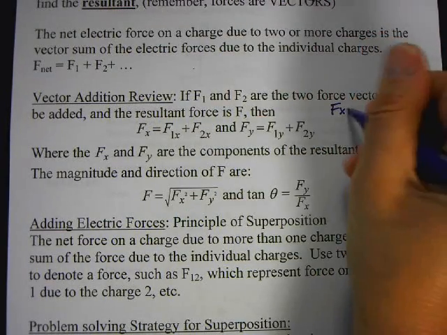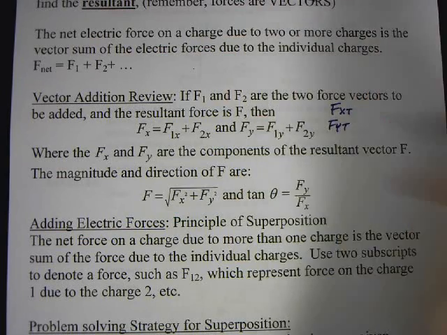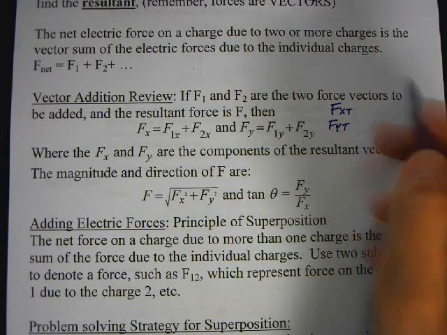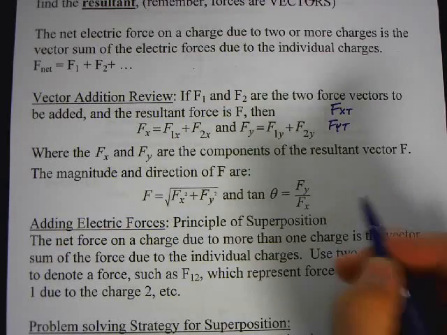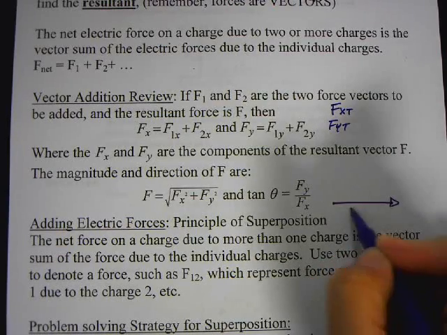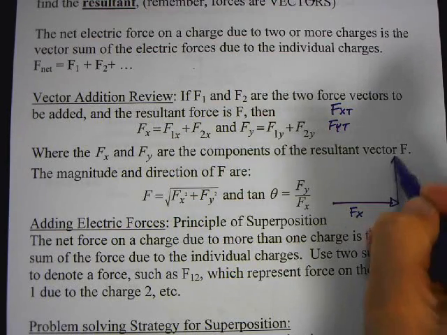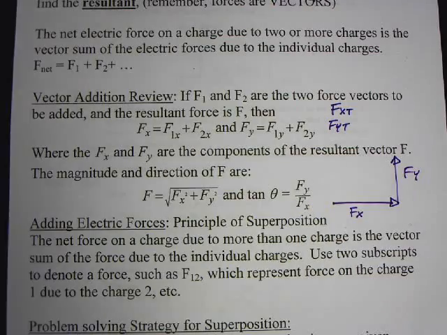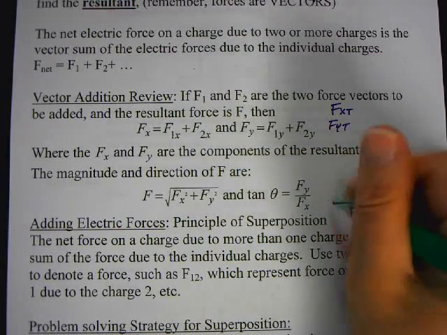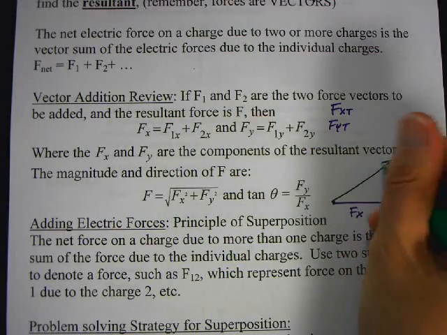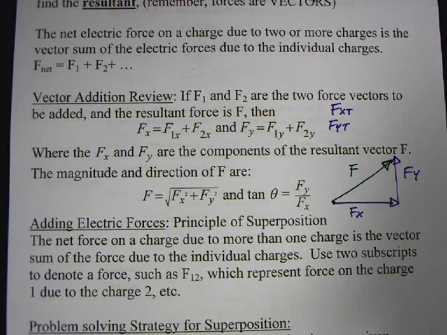Then I'll add up all the y's. Once I have Fx, which is really the total, and Fy, which is the total, to find the resultant F, I add them head to tail. This would be Fx. From the head of that vector, I place the tail of the other, which would be Fy. Then the resultant is from where I started to where I end up, my resultant F. But remember, vectors have both magnitude and direction.